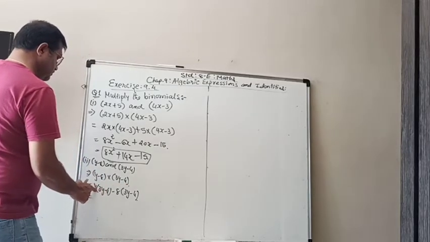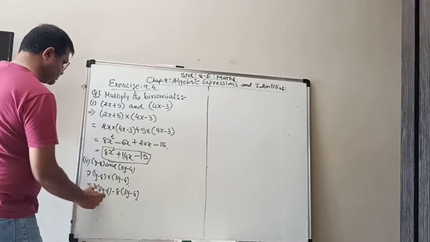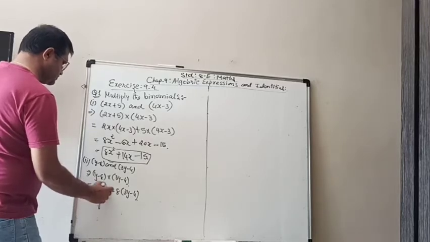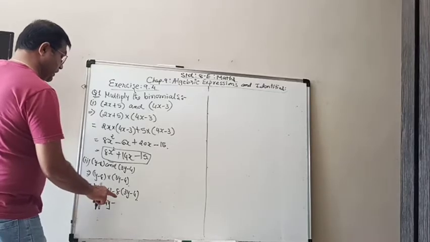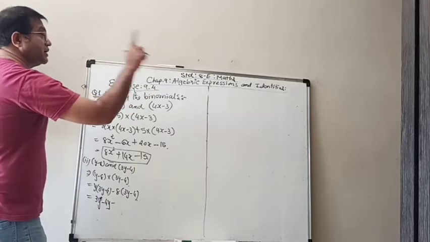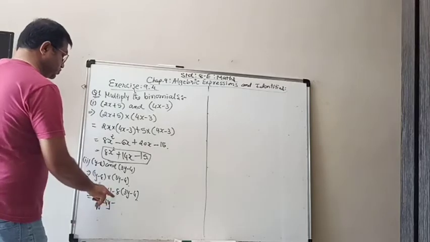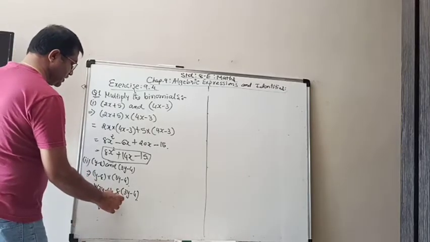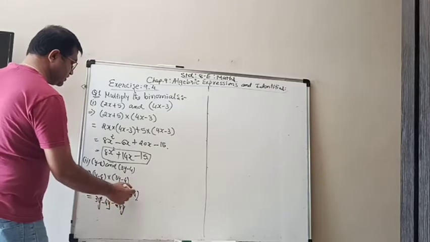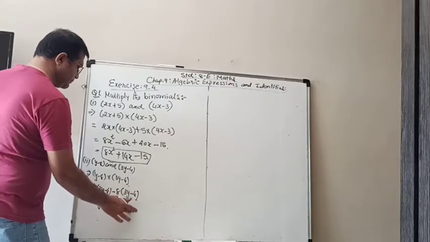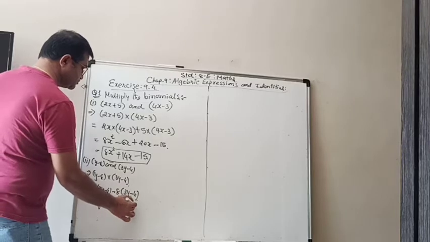Now y multiplied by 3y is 3y square, minus 4y. Now here there is a minus sign, so it is very important to remember: 8 3s are 24y, but because of that minus it will be minus minus plus. 8 4s are 32.